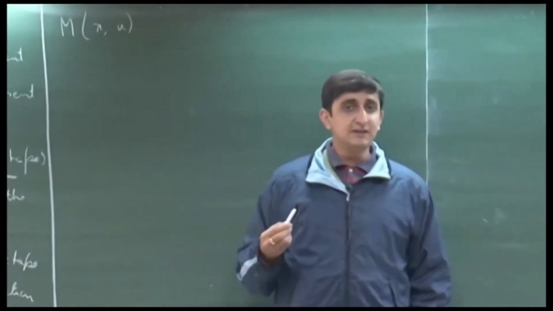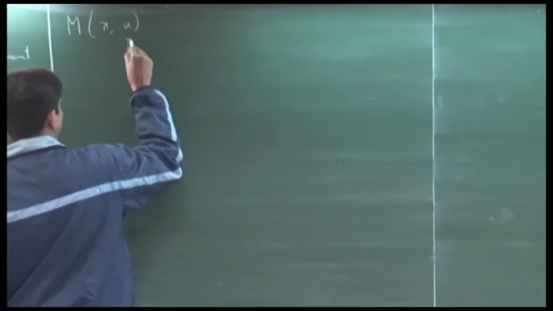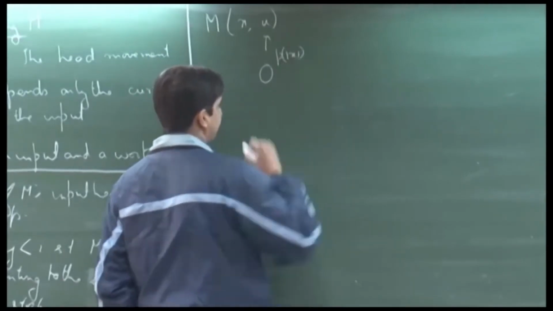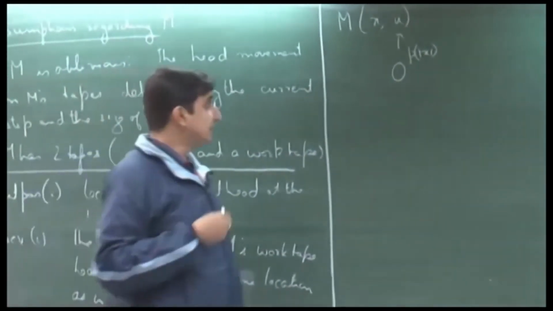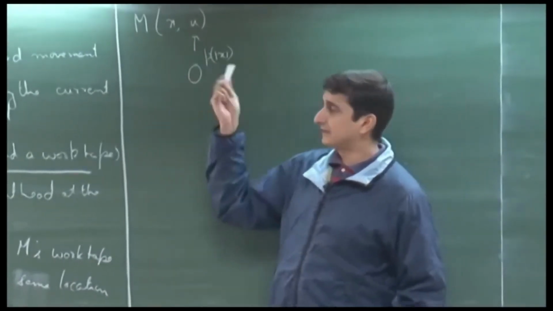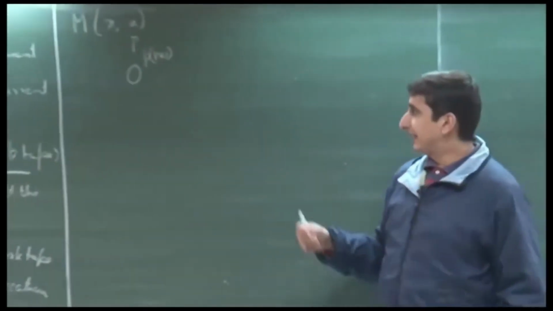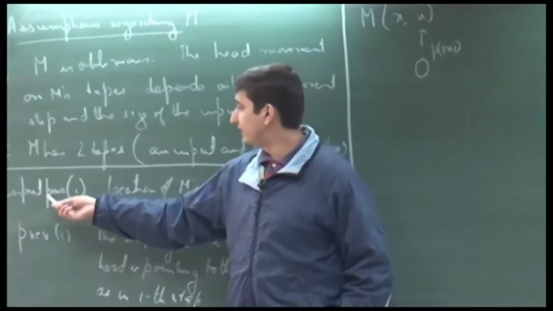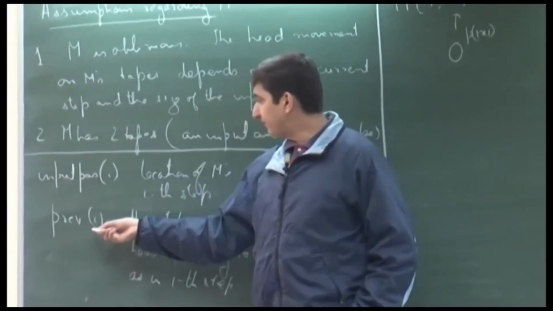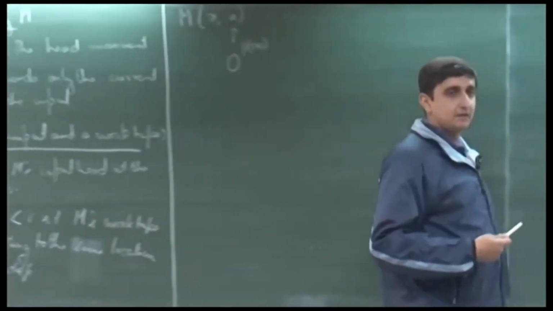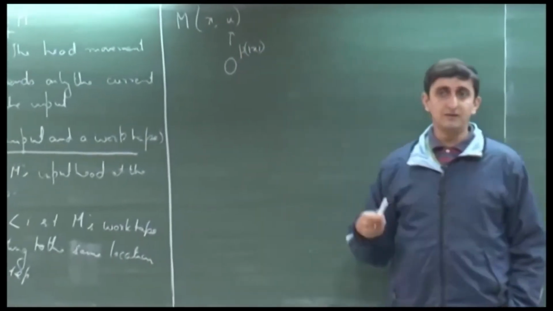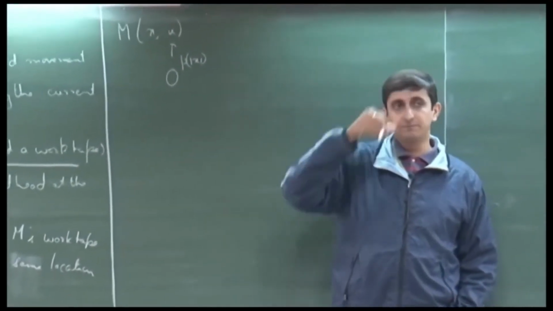So we can take the all 0 string for u, the string 0 to the power p of x, and simulate the machine on this input, x and 0 to the power p of x. That will allow me to get all possible values of input position of i and previous of i for all possible i's. Because M is oblivious, it does not matter what u is; for every possible u it will have the same values.